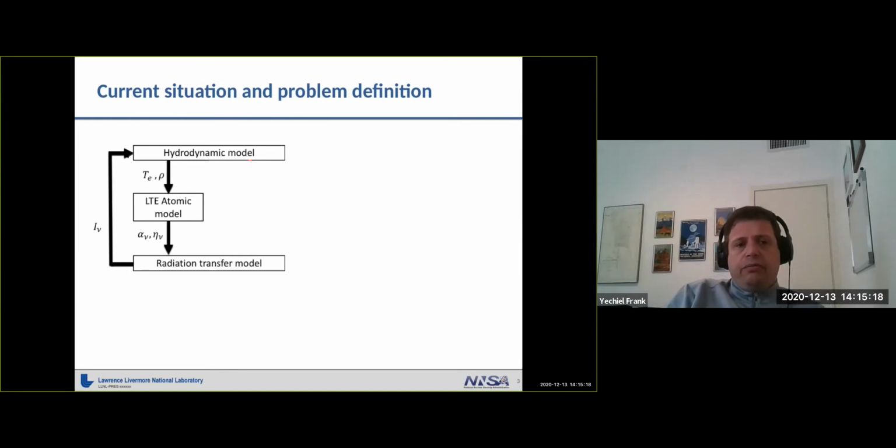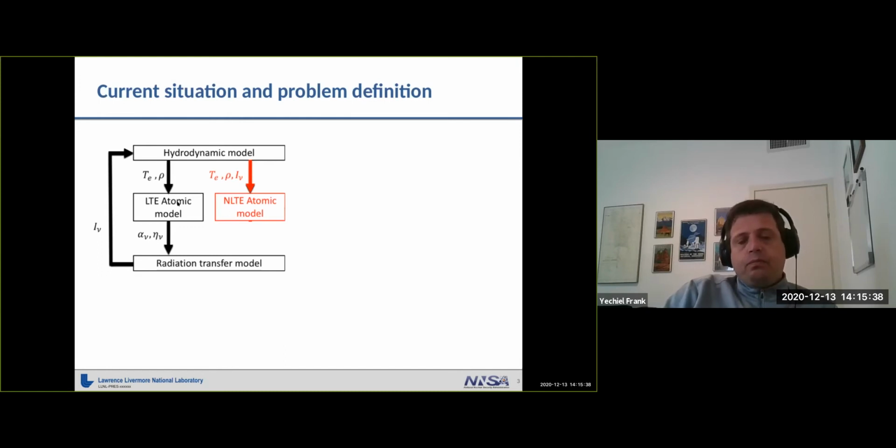So the important part here is that you do get the energy transfer from one place to the other, but the radiation flux itself does not affect the atomic levels, because it's at local thermal equilibrium. When you're at non-LTE, this picture changes quite dramatically.